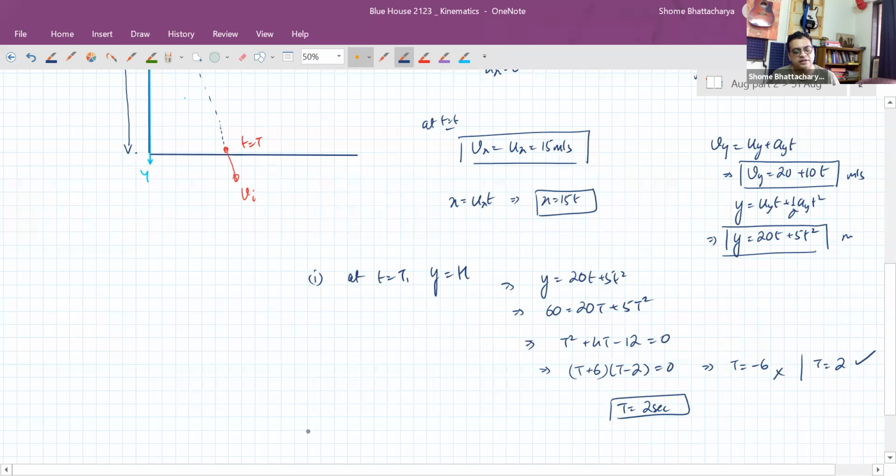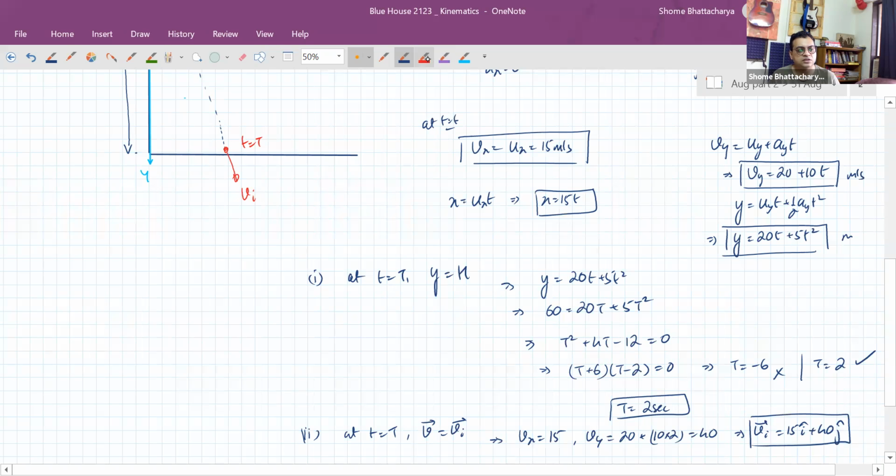Now, once we have got that, we can see that at t equal to capital T, the velocity is the impact velocity. So Vx is 15, but Vy is 20 plus 10 into 2 or 40. So the impact velocity becomes 15 i cap plus 40 j cap.